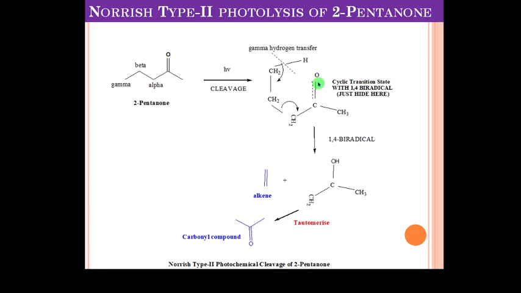So this particular hydrogen is abstracted by the oxygen of the carbonyl compound, so that the radical, which I have not shown here, is transferred to the gamma carbon. This leads to this formation, and recyclization and rearrangement once again give the alkene and enol. The enol on further reaction tautomerizes into the carbonyl compound.